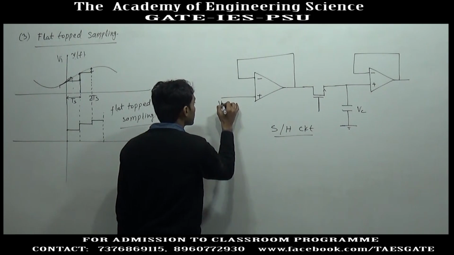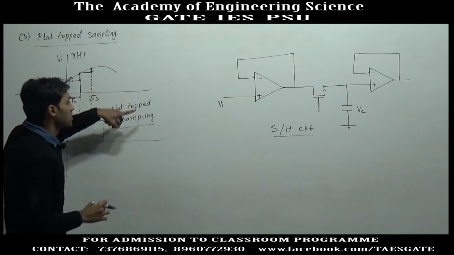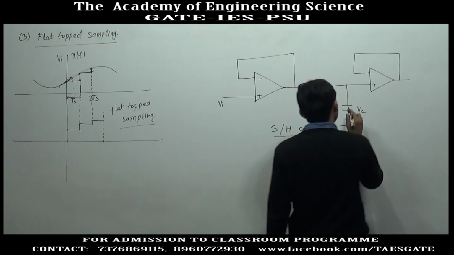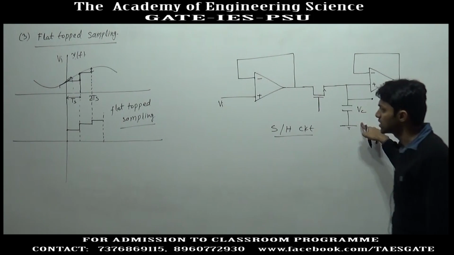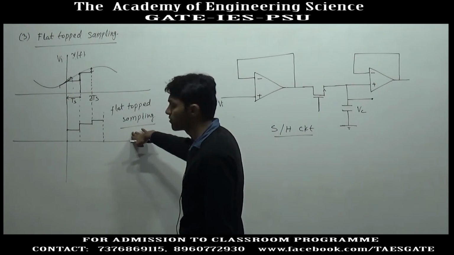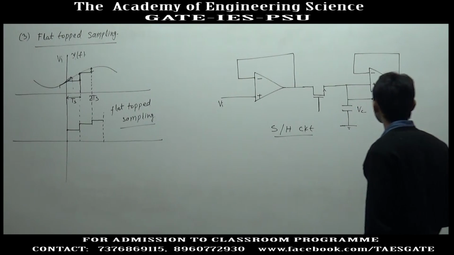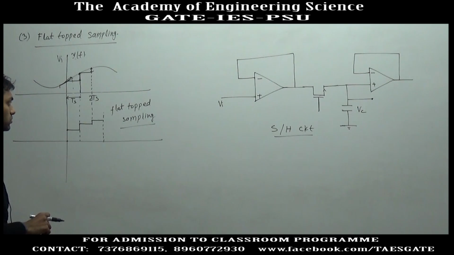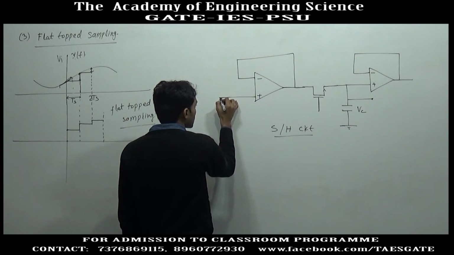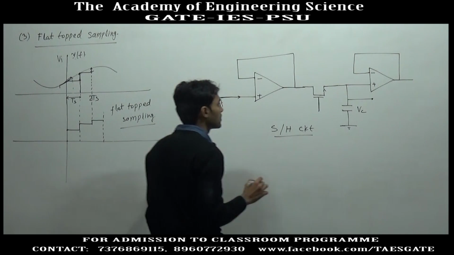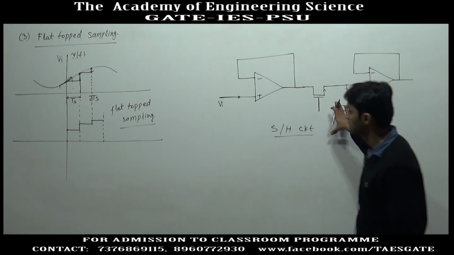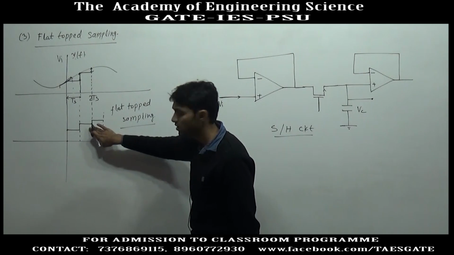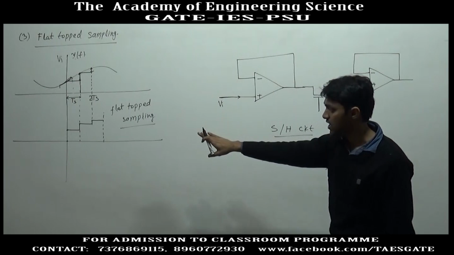Suppose this is the analog input, and at the capacitor we want to get this type of flat top signal. So, in this circuit the analog input is applied here, and using the circuit we get this type of output signal. This is also an analog signal.